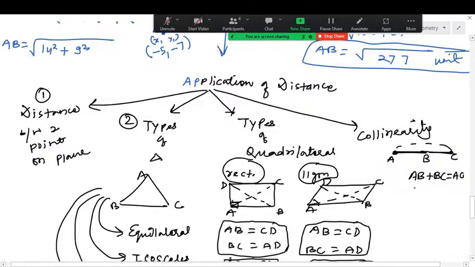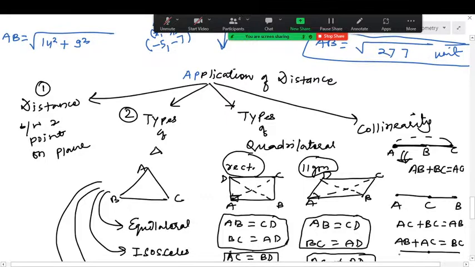Find out all these distances, and if you find that the sum of AB and BC is equal to AC, or it may be that A is here, C is here, B is here, then AC and BC may give you AB, or it may even happen that AB and AC give you BC when there is a point A in the middle. Out of these three conditions, there may be any condition.